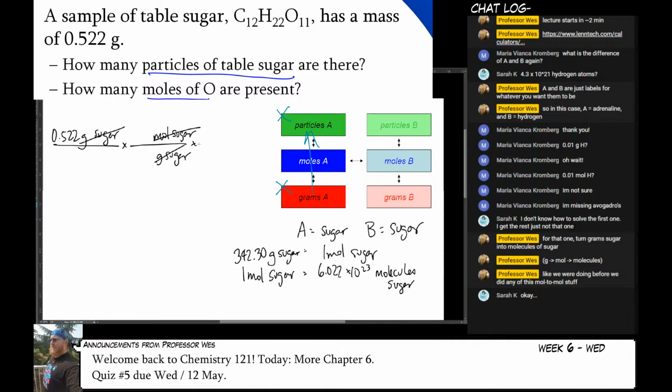And then I'm going to cancel moles of sugar out with molecules of sugar. And then we'll run the numbers. In 1 mole of sugar, there are 342.30 grams of it, and in 1 mole of sugar, there are Avogadro's number of particles. So I can punch it into the calculator here.